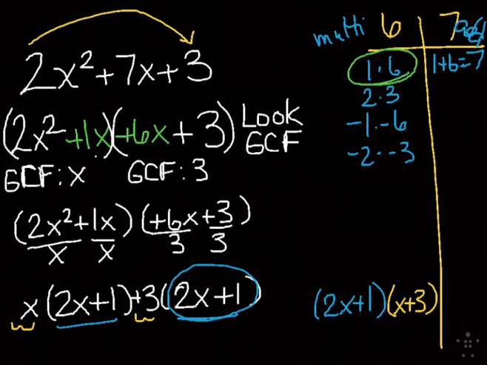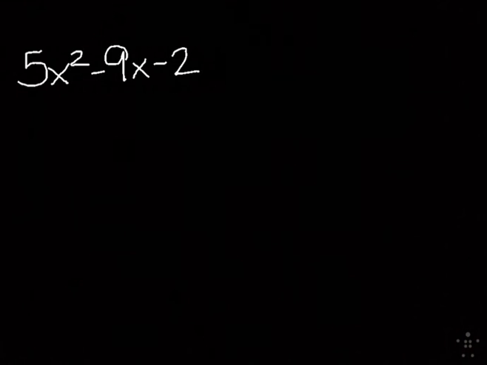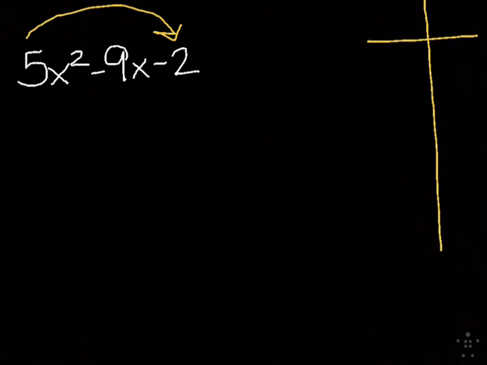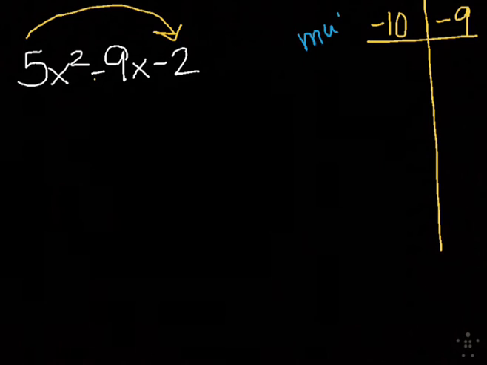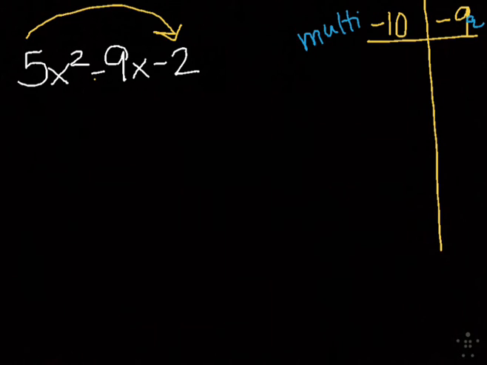Last one. 5x squared minus 9x minus 2. So we're going to do the same thing we've been doing: multiply the first and last number together. So I draw my chart. 5 times negative 2 is negative 10. This is going to be negative 9 for the middle number. Remember that goes in the second. So I'm looking for numbers that multiply to negative 10 and add to give me negative 9.